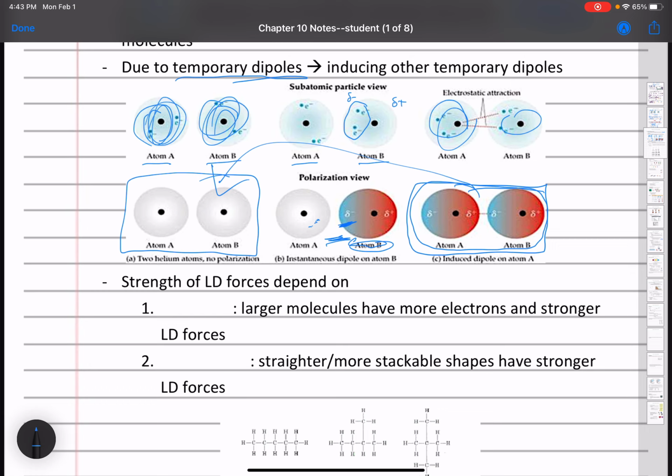Things that influence the strength of London dispersion forces are, A, the size of the molecule, and the shape. The larger the molecule is, the more electrons it has, and therefore the more polarized it can become. The more electrons can shift. And so by definition, as the molar mass goes up, the London dispersion forces go up.